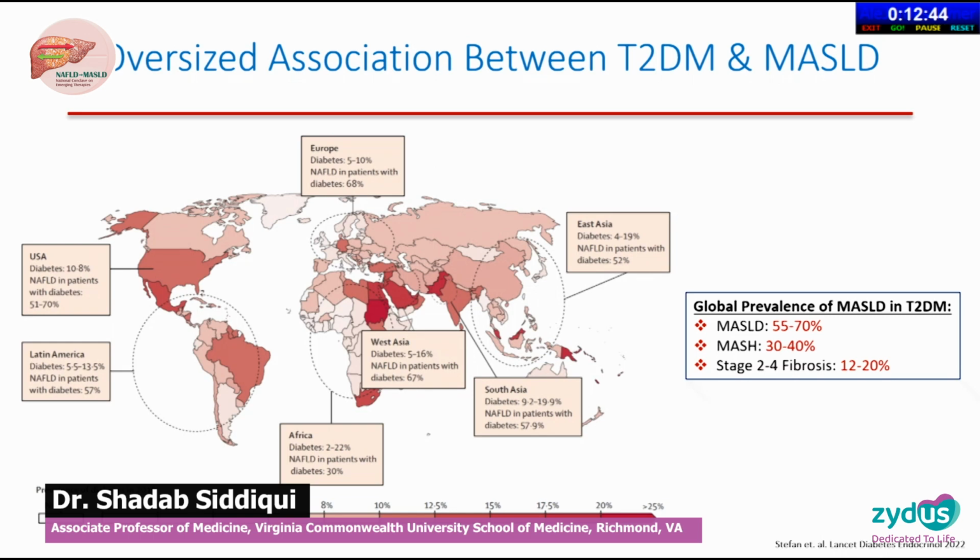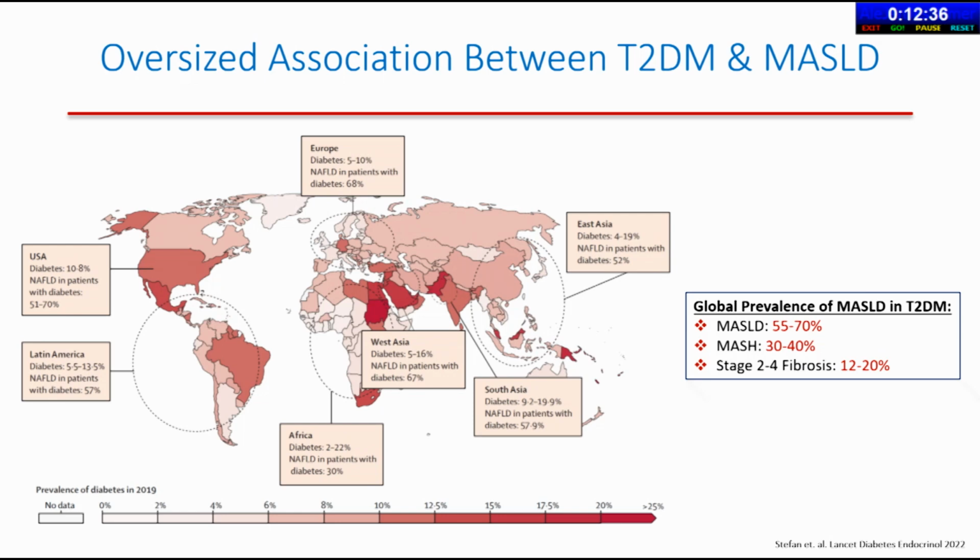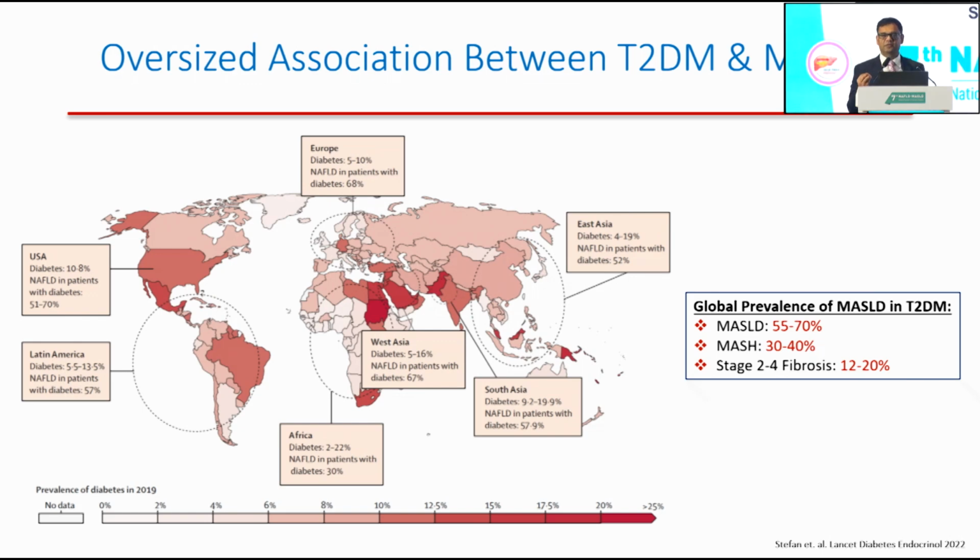So I want to begin by showing you the global prevalence of fatty liver disease along with diabetes. And what's apparent from this is that while the global prevalence of fatty liver disease is about 1 in 4 or 1 in 3 people, in diabetics, that number is considerably higher. In some countries, 70, 80% of diabetics will have fatty liver disease.